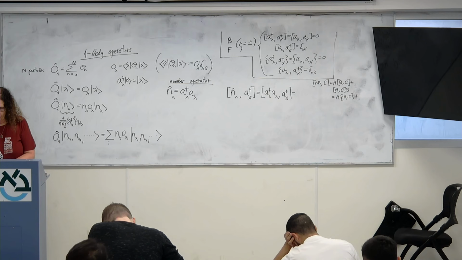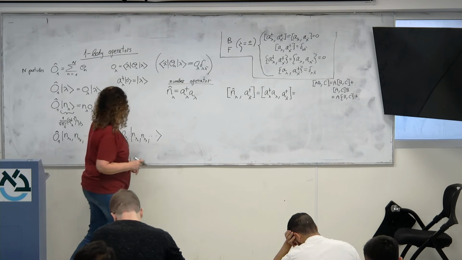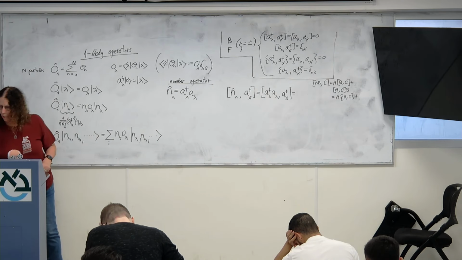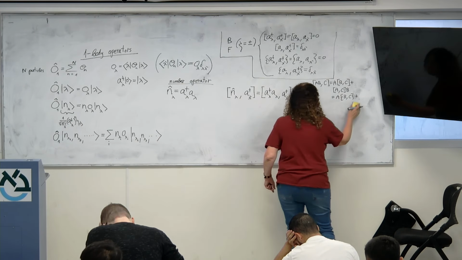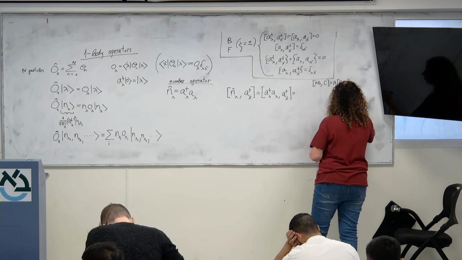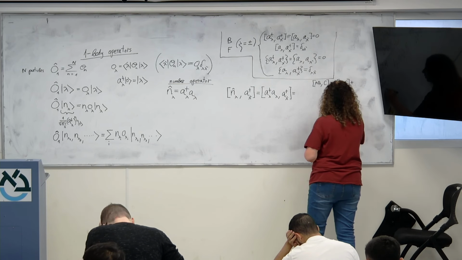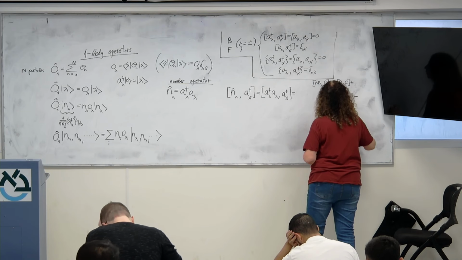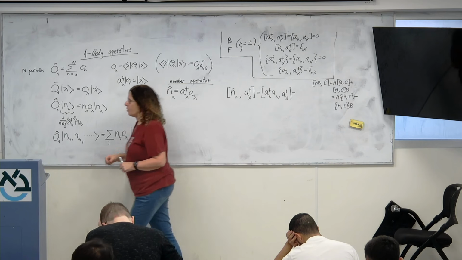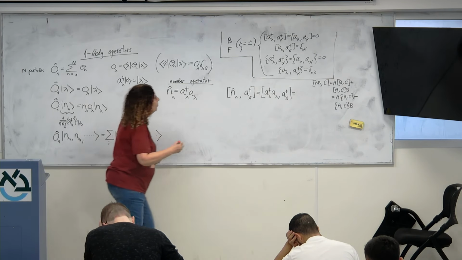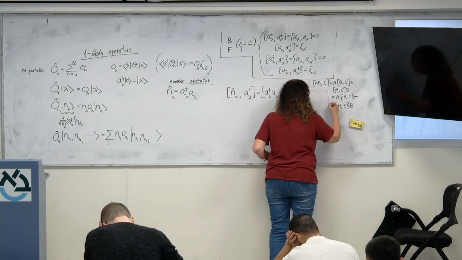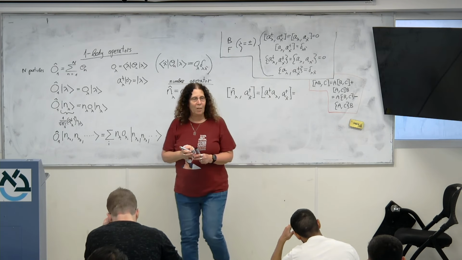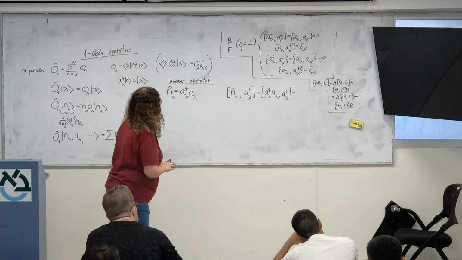Yeah, if you want to write it with anti-commutators, there is a minus sign: minus {A, C} B. Okay? So this is a useful formula that I suggest you write somewhere handy, because it's very useful for doing calculations.